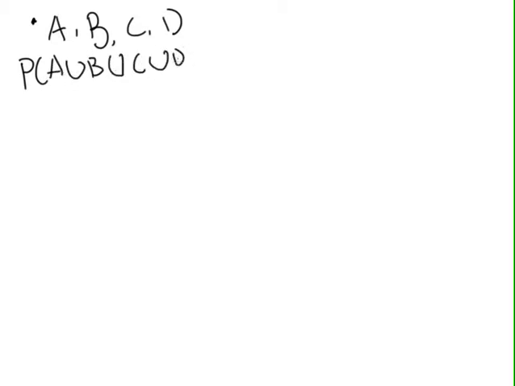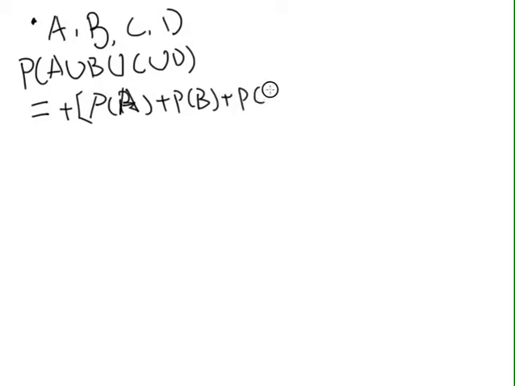So we can easily generalize this to even more events. For example, if you have A, B, C, D, the probability of A union B union C union D is, first, plus probability of A plus probability of B plus probability of C plus probability of D. Then minus the probability of the intersection of any 2 events.